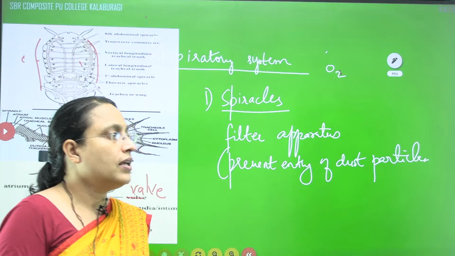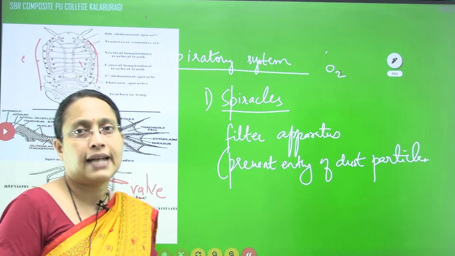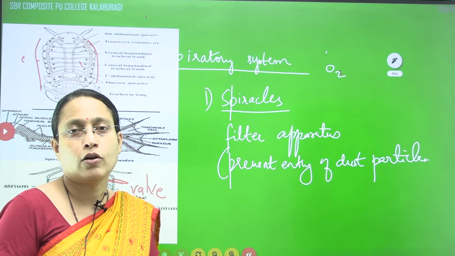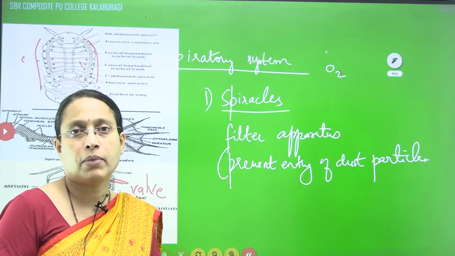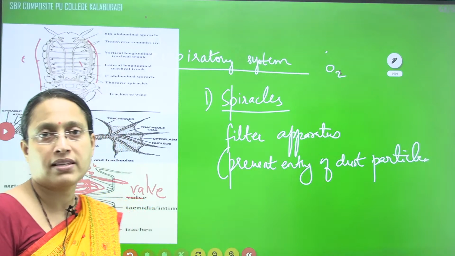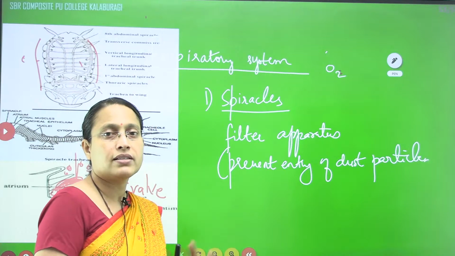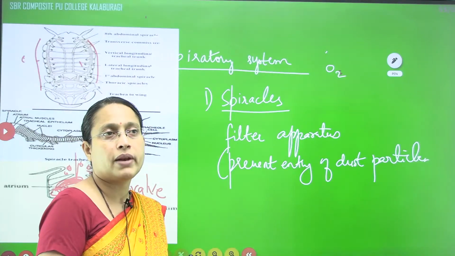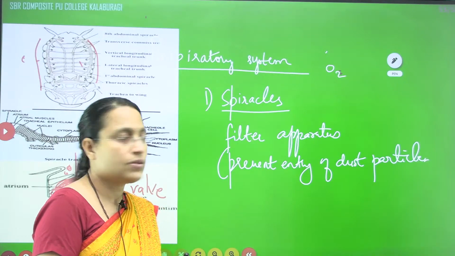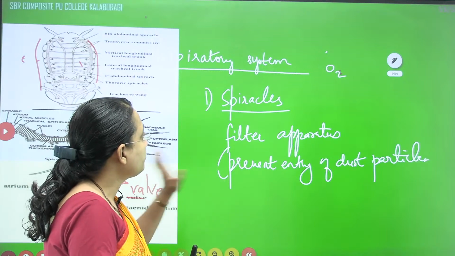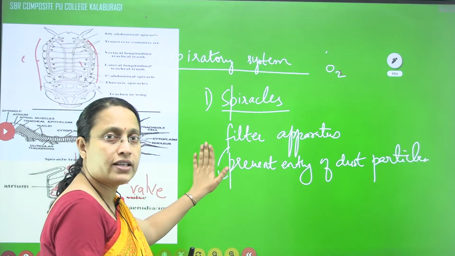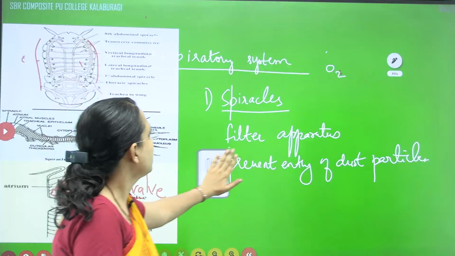They are not static; their closing and opening is regulated by the sphincters present in the spiracles. So this is about the structure of spiracles.